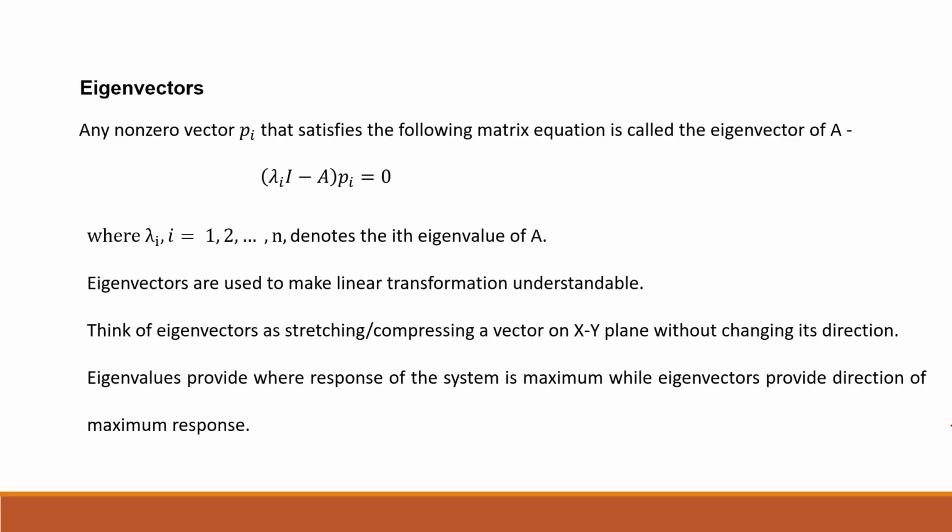So eigenvectors are those vectors for which that linear expansion occurs. That is, if we have a matrix A multiplied with a vector v, we obtain a linear expansion of that vector v. The vectors for which this equation is satisfied are known as eigenvectors, and this linear expansion is known as the eigenvalue.